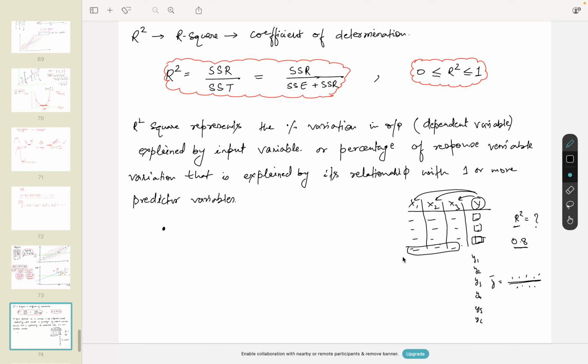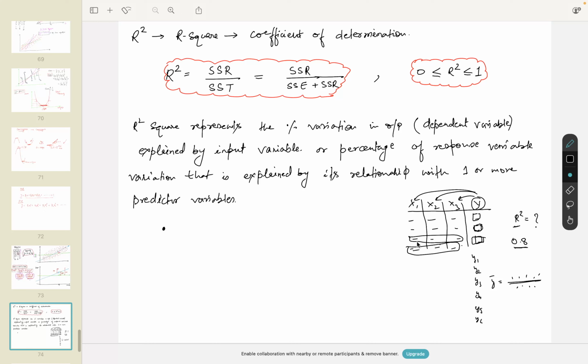Then it is, and similarly this value will also be able to explain this value, right? For example, and so on. So what do you think? The independent variable should explain the variation in the y, or shouldn't? It should, no?